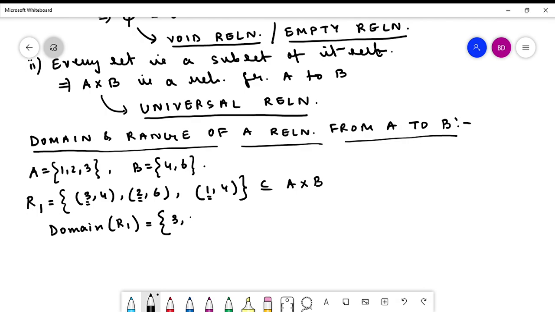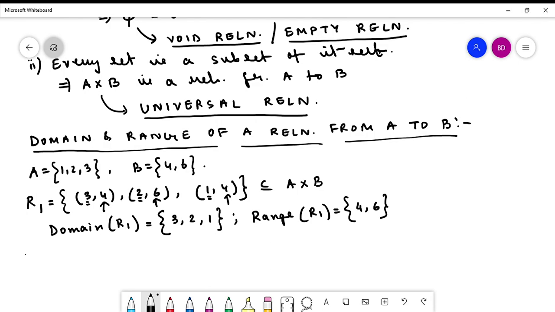So 3, 2, 1. So this is the domain of R1. Similarly, the range of the relation R1 is a set consisting of only the second elements. So if I look at the second elements, 4, 6, 4. Since we write repetitive elements once, it is 4 and 6. So this is the domain and range of the relation R1.